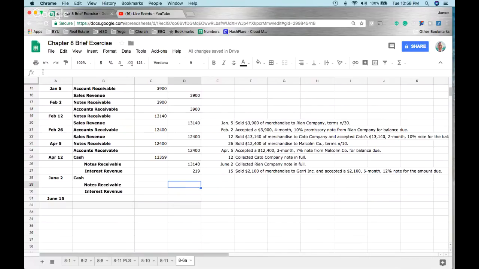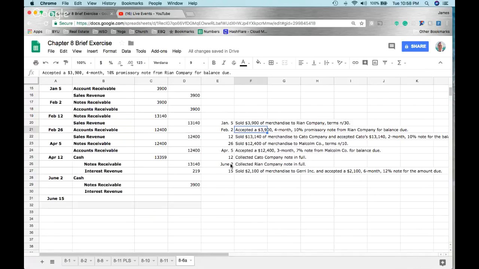All right, so notes receivable is 3,900. So we need to calculate the interest for June 2nd Ryan Company, which is right here. The 4-month, 10% promissory note.